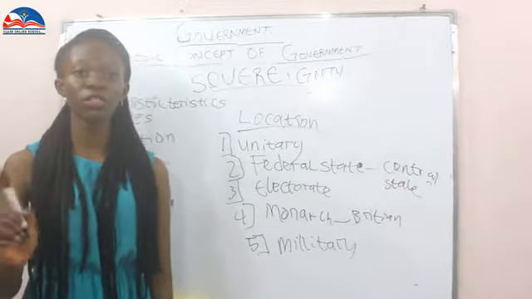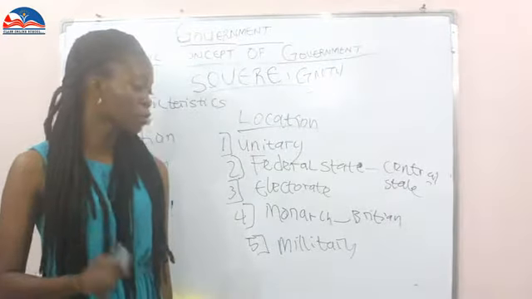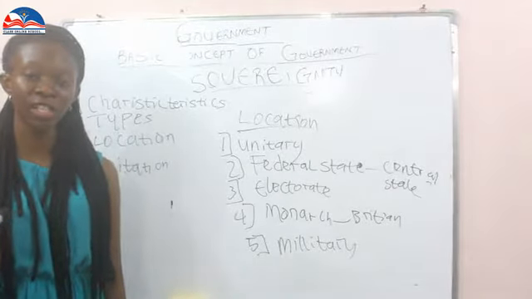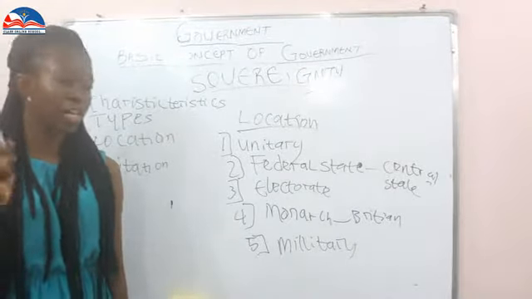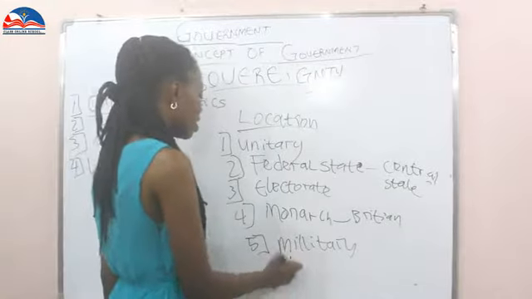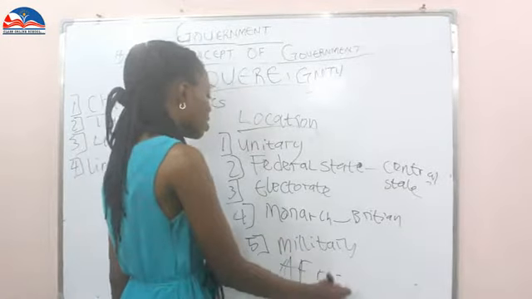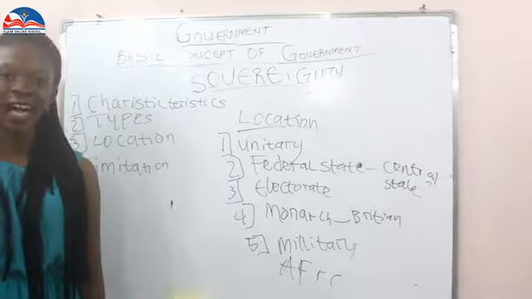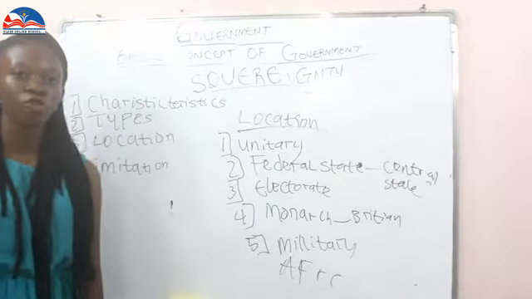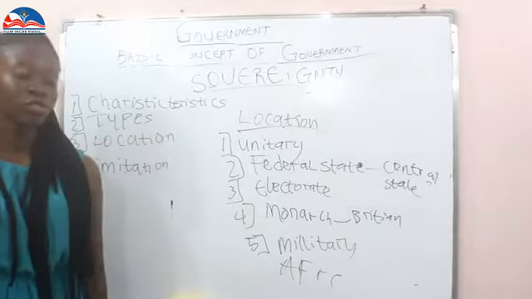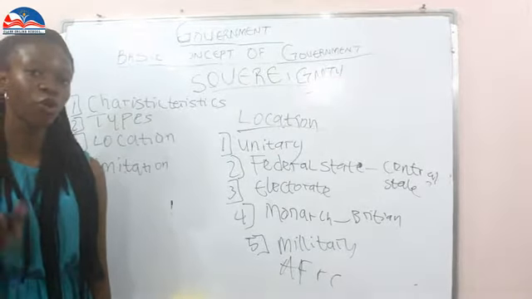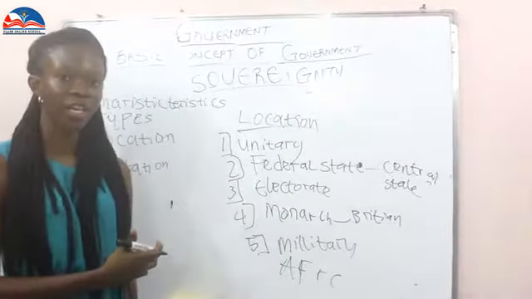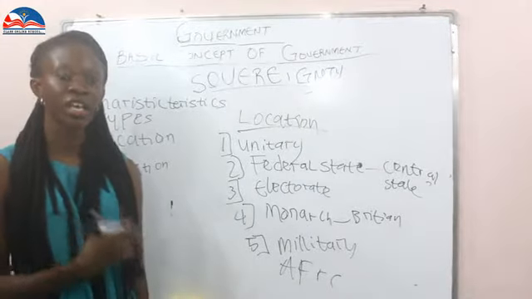The location of the sovereign power or authority, for example in Nigeria when we practiced military rule, is vested on the AFRC, the Armed Forces Ruling Council. So during military government, the location of sovereignty is vested on this council. They have the sovereign in the state.